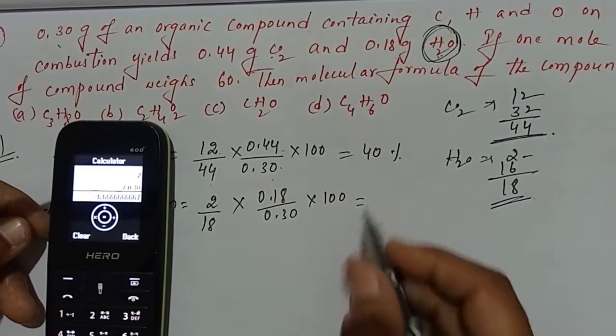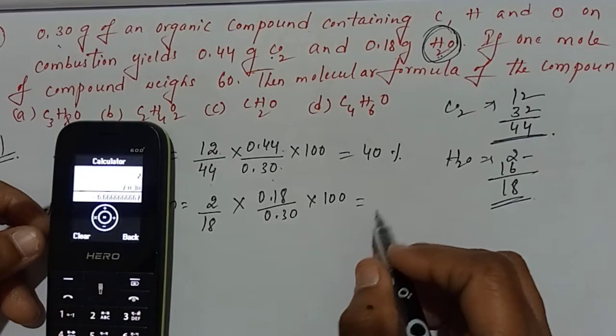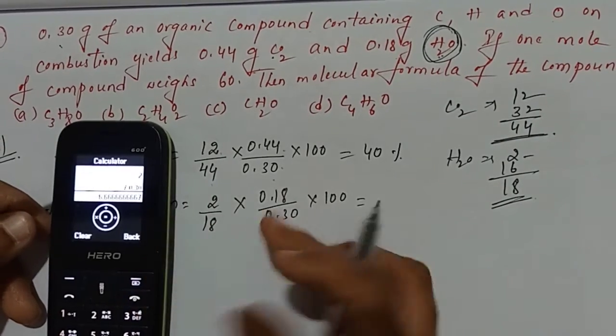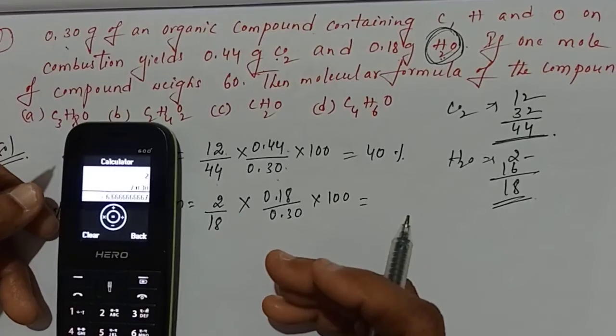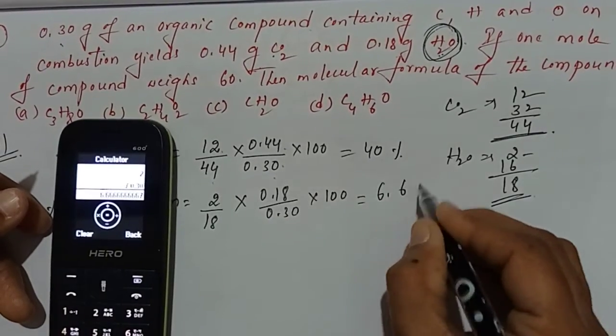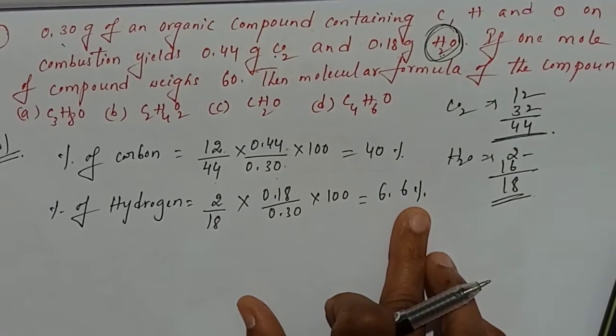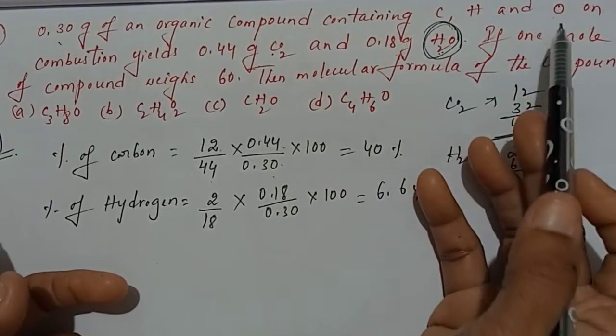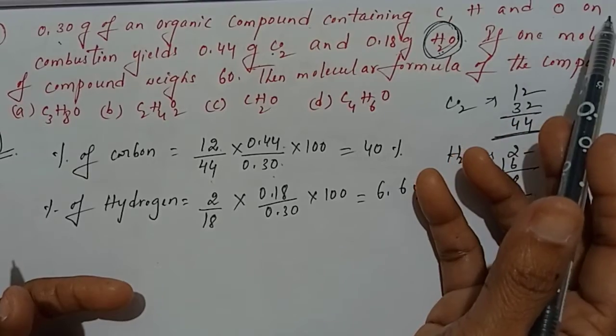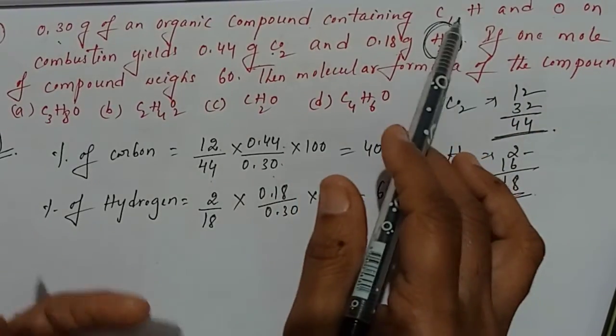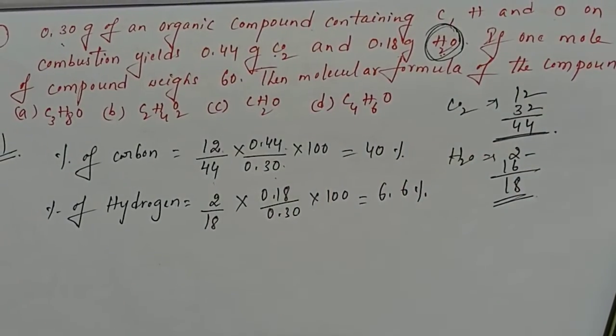How much, students? 6.66 percentage. We got 6.6 percentage. Okay, so this is the hydrogen percentage. And next, oxygen is also given. Here 3 elements are given: carbon, hydrogen and oxygen, students.